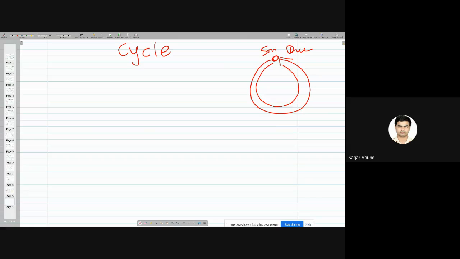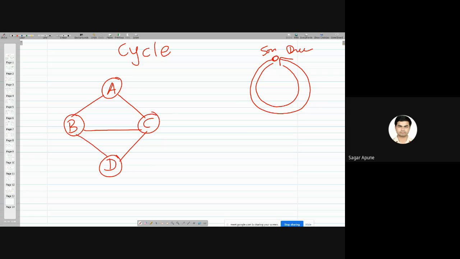Suppose my graph is like this: A, B, C, D. This is an undirected graph. So tell me how many cycles are there?